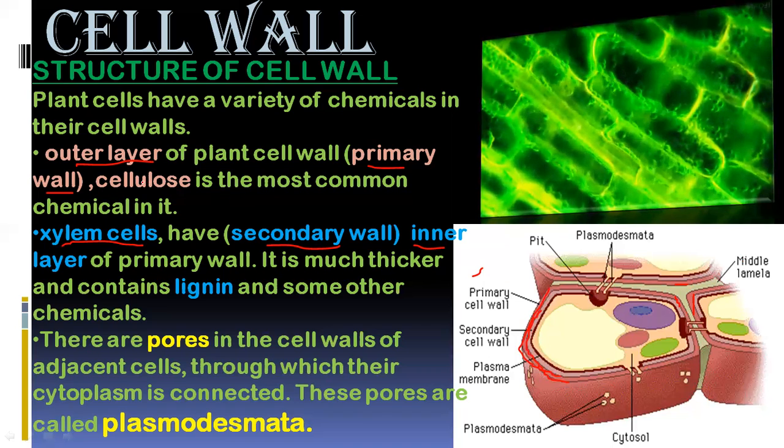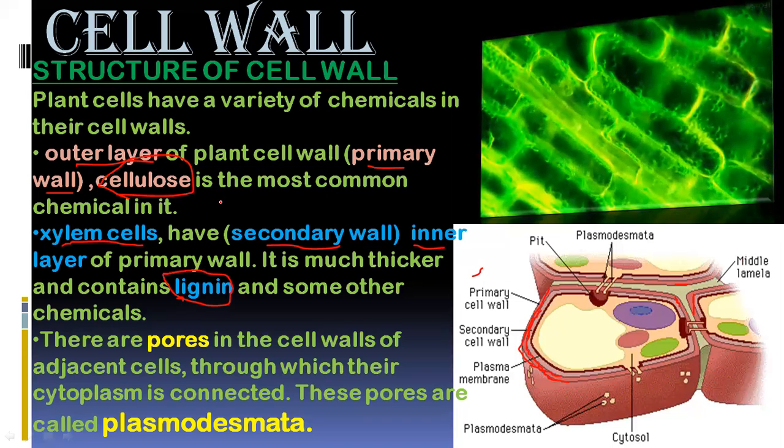Okay, so the primary cell wall has which chemical inside it? That is called cellulose. Cellulose. And the secondary cell wall, which is stronger and thicker, has the chemical called lignin. Lignin.